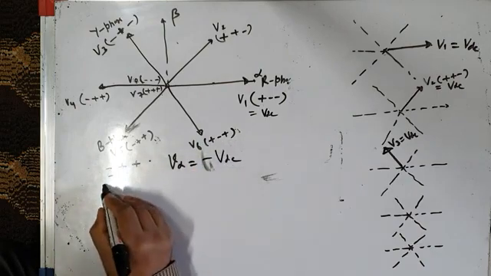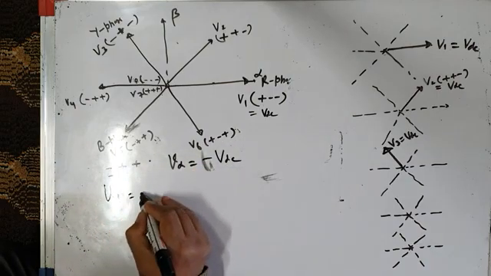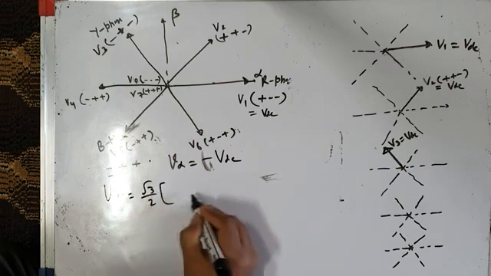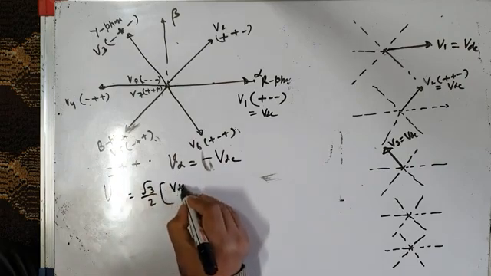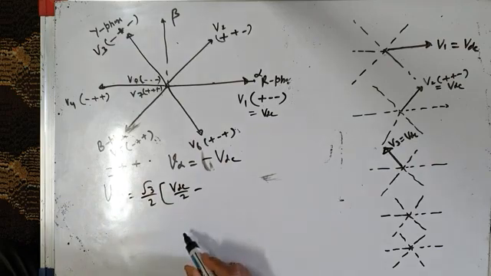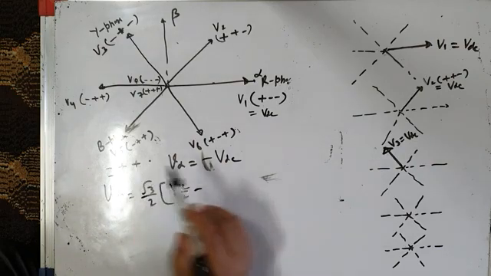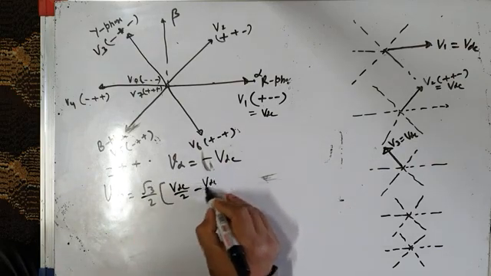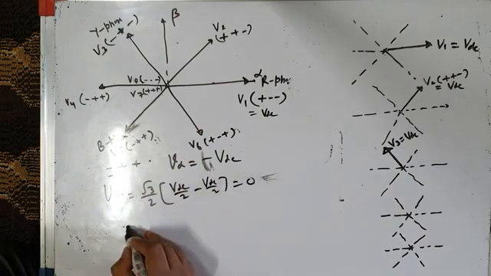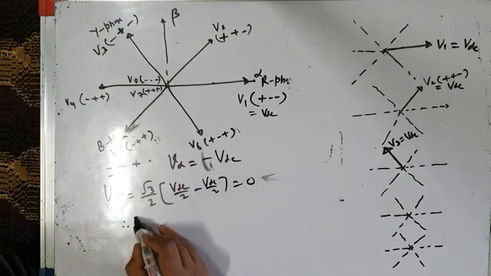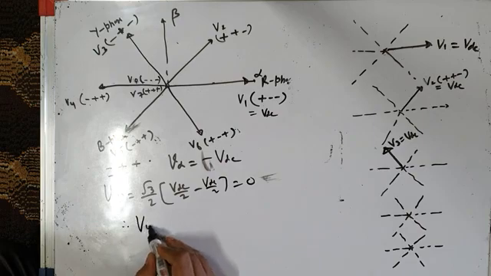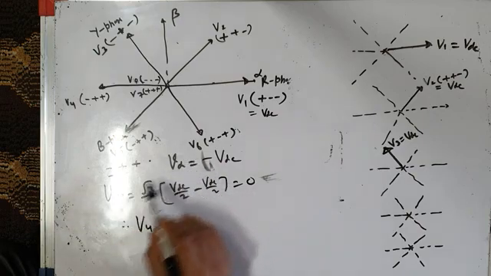Let us quickly find V beta. V beta is root 3 by 2 times VYO, which is VDC by 2, minus VBO, which is VDC by 2. So it is equal to 0. So therefore V beta is 0. So what is voltage vector V4? That is the square root of V alpha squared plus V beta squared.